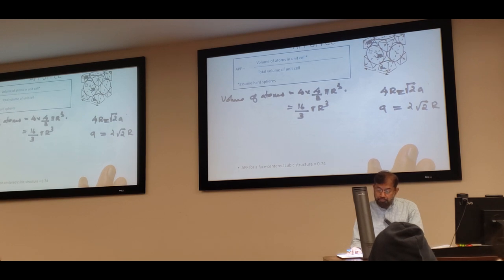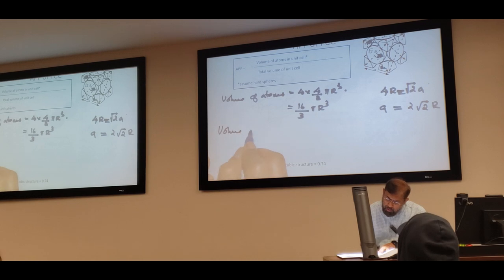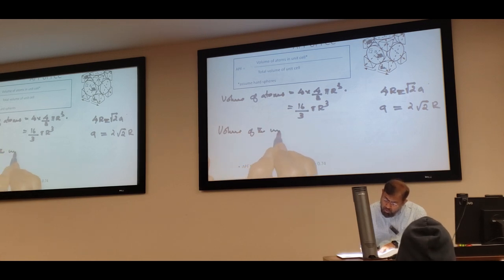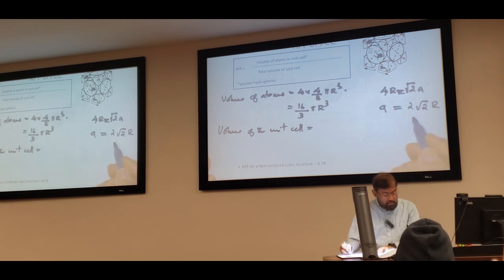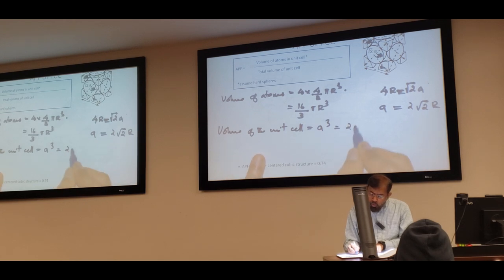Now, the volume of the unit cell. What is the volume of the unit cell? It is a cube, which is equal to 2r square root of 2, the whole cube.